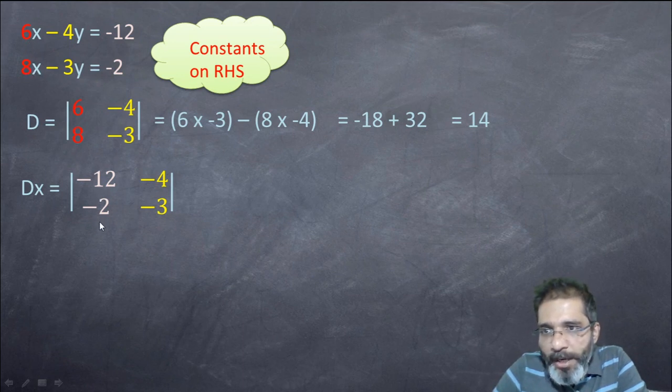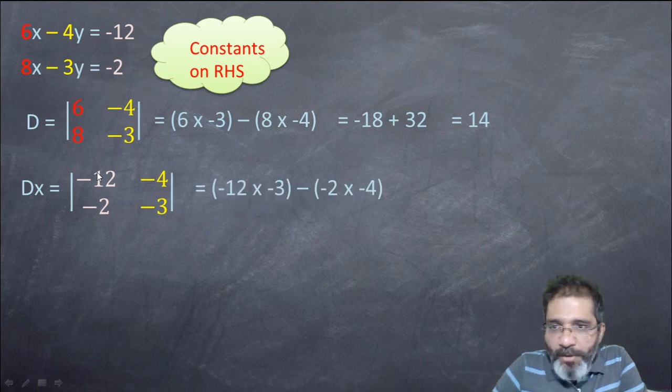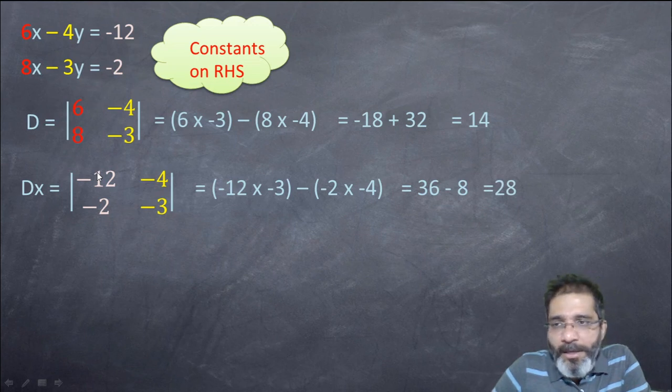I'm not writing the coefficients of x; instead of x I'm writing constants, and the coefficients of y will come as they are. Now we know how to solve. We multiply minus 12 and minus 3, minus minus 2 into minus 4. So we get 36 minus 8, which is 28.